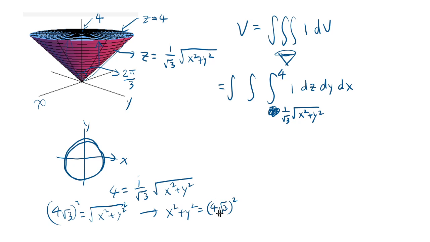And 4 squared is 16, and radical 3 squared is 3, so that's equal to 48. But what is this? This is a circle of radius 4 radical 3.